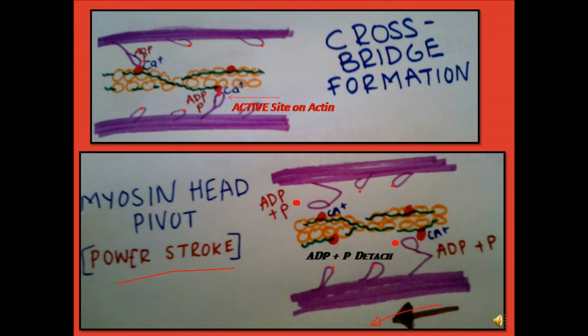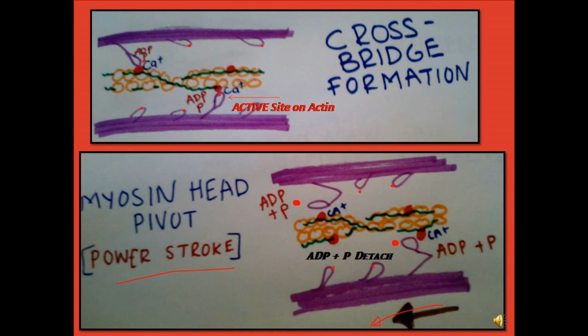And as you know, the myosin heads reach the actin, but then they begin to move it. It's called a power stroke. This means that it's going to start moving it in this direction. Now all this is part of the contraction cycle.